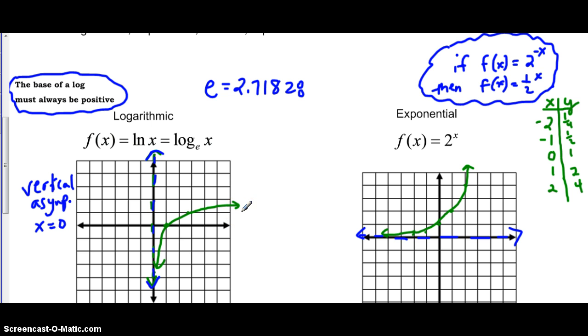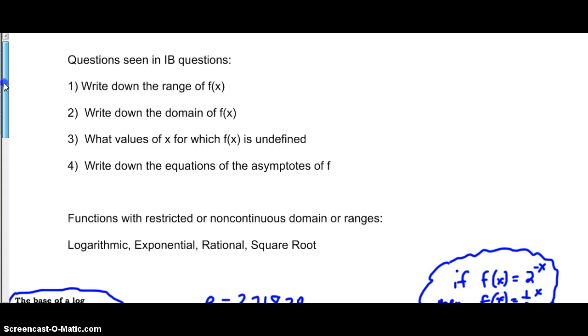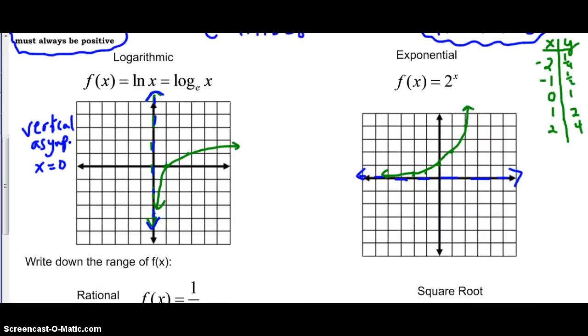So if the question was to write down the range of f of x, what would that be for this log function? In our log function here, our range is not restricted. It could be negative infinity all the way to positive infinity.